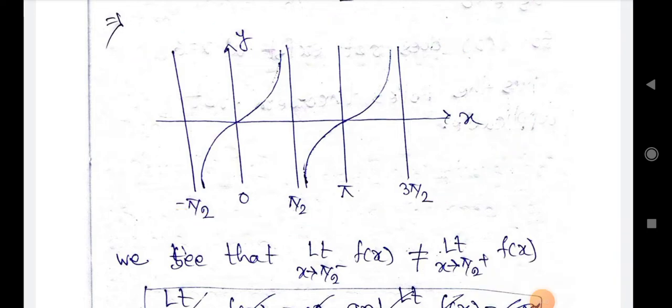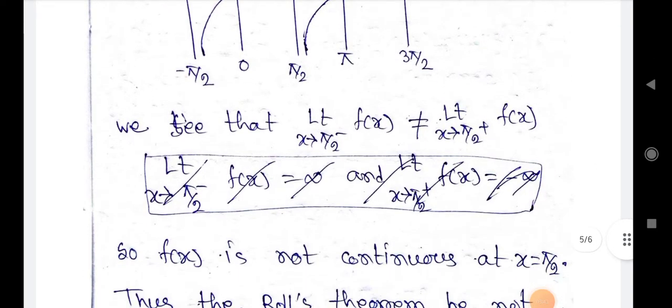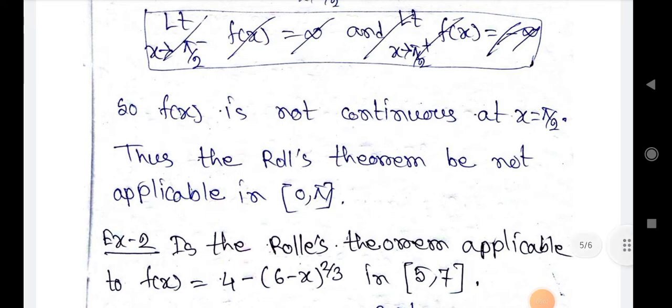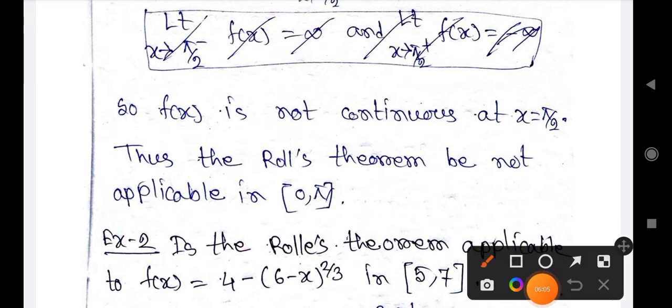From this graph we also see that limit x tends to pi by 2 minus f(x) is not equal to limit x tends to pi by 2 plus f(x). So f(x) is not continuous at x equals pi by 2. Thus Rolle's theorem is not applicable in the closed interval 0 to pi.